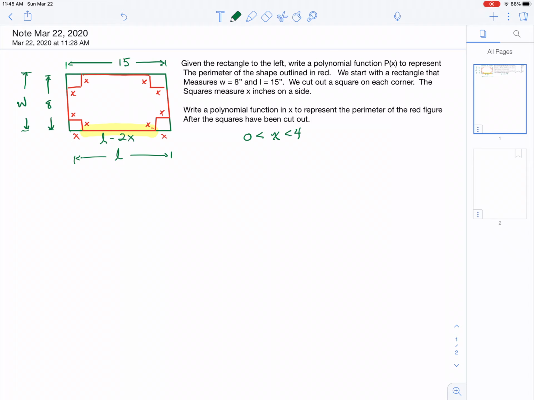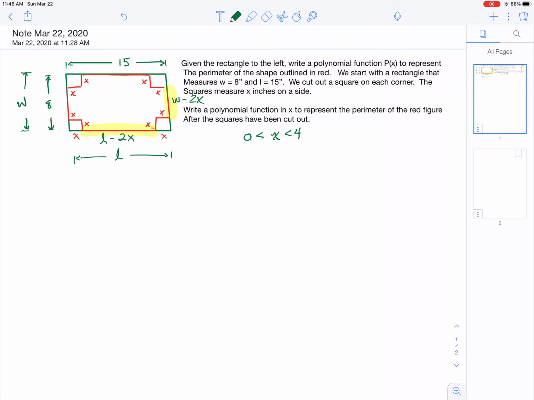Now if I look at this little stretch right in here, on the width side, we see that we have a full distance W for the width, and again we're subtracting out an x from one corner and an x from the other corner.